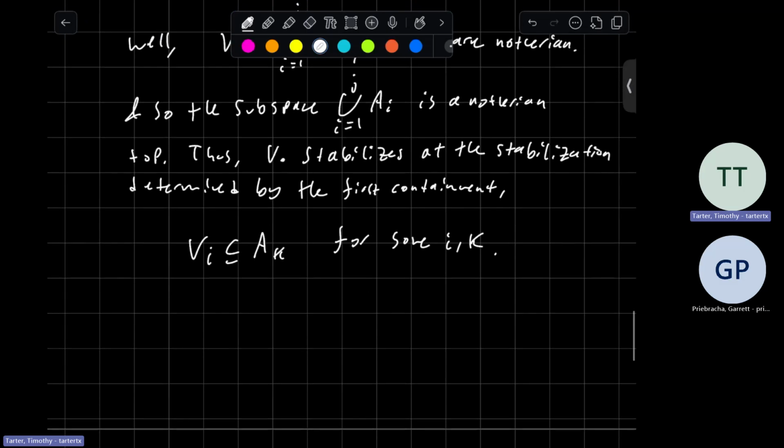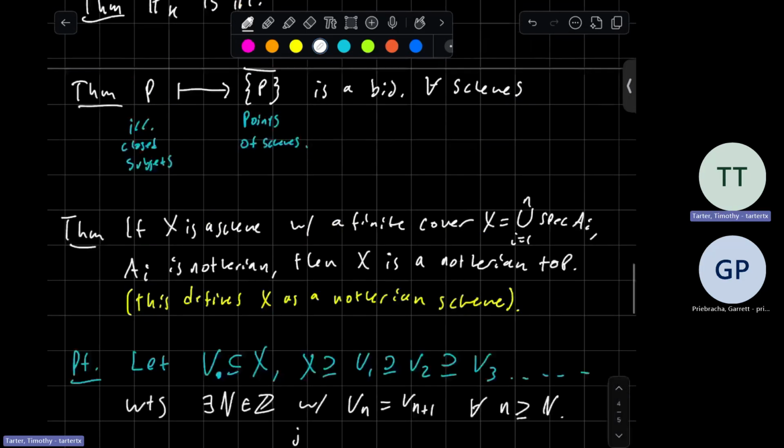Basically, the first time we have a proper subset, it's not like splitting over. It's going to be entirely contained in one of them, if that makes sense. It does. Okay. And so we get the desired result.